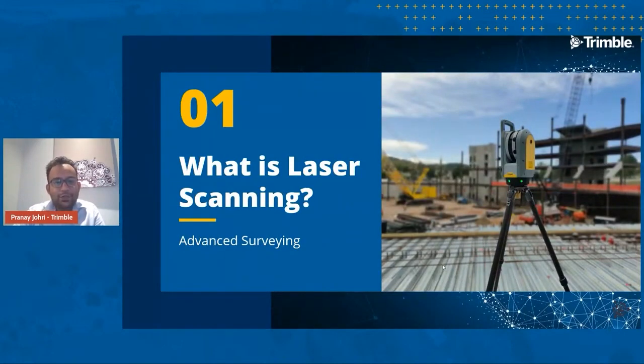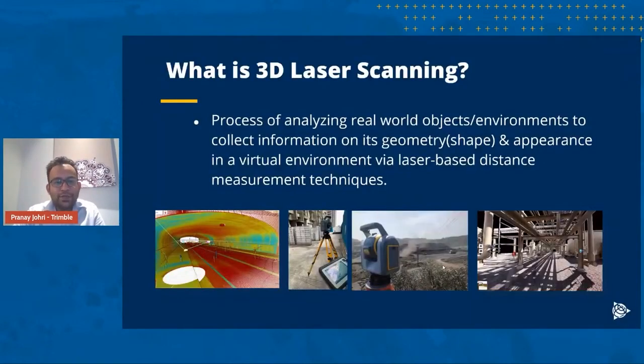So we will start with what is laser scanning. Laser scanning is basically, the laser scanner also sees everything that your eyes have been seeing. The only difference is that when we take a photograph, or when we take a laser scan, a photograph is a representation that I am able to see it in a digital world. But in laser scanning, we go one step further: you have brought your objects to the digital world, but you should be able to get the information on its geometry, what is its shape, what is its appearance, and most importantly, everything should be measurable.